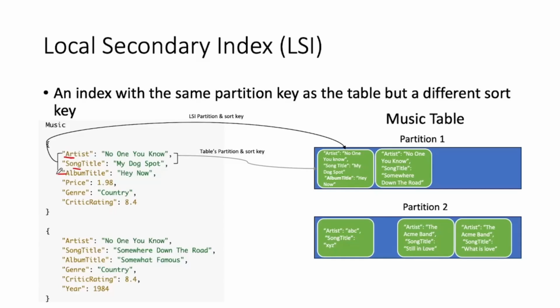So this is giving you the flexibility of using additional attributes as sort key attributes. Also note that unlike global secondary indexes, for local indexes, we don't have a separate partition key. So there is no need for Dynamo to maintain a separate set of partitions for these indexes.